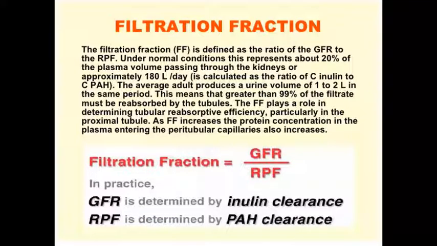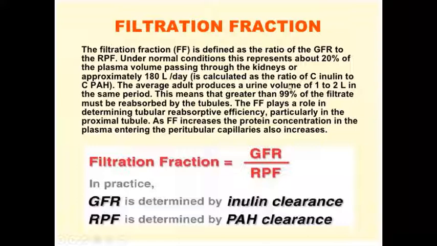Remember, we said that the glomerular filtration rate is 125 milliliters per minute. If you convert that into per day, you're going to get 180 liters per day. So every day you are filtering about 180 liters. So much of this has to be reabsorbed because on average, a person is producing about 1 to 2 liters of urine. If you are only producing 1 to 2 liters of urine, it means that most of the fluids that are being filtered are reabsorbed.